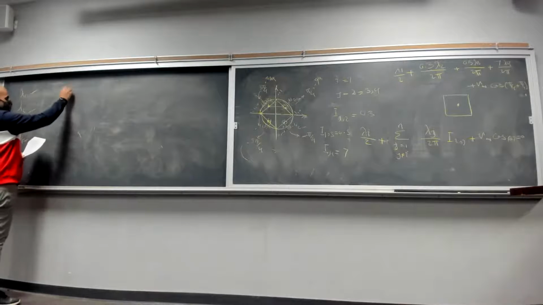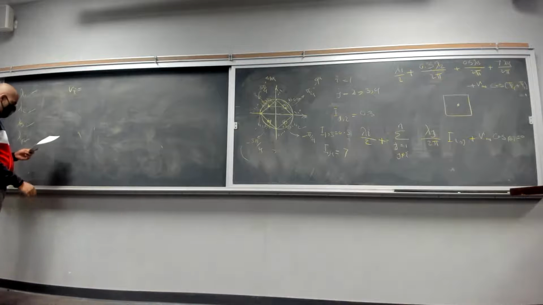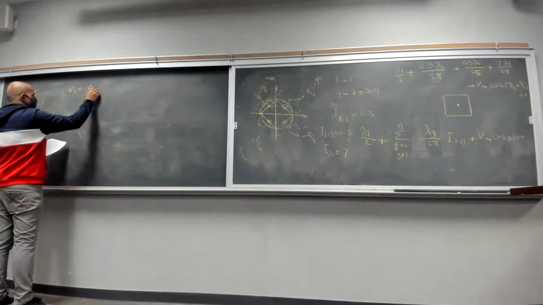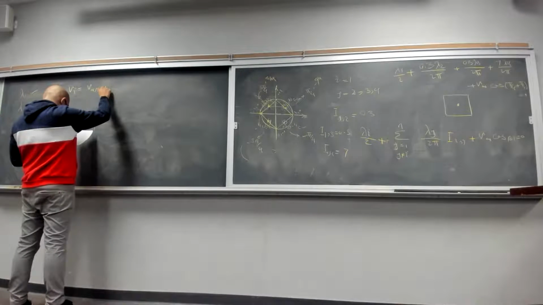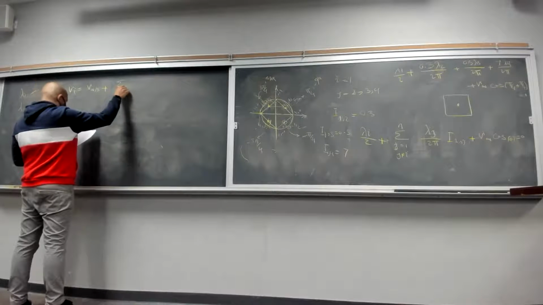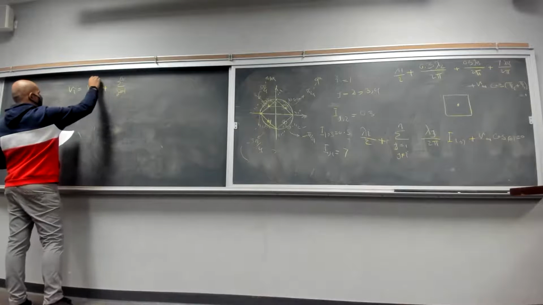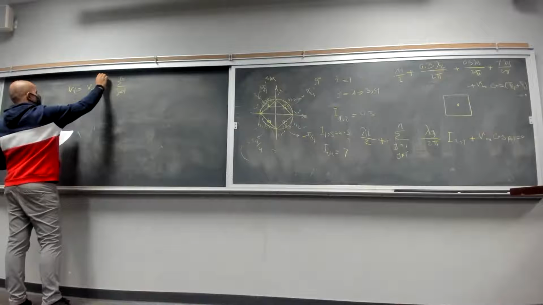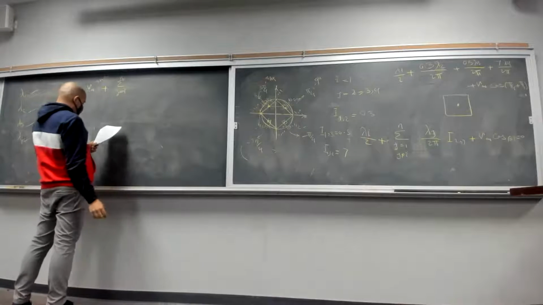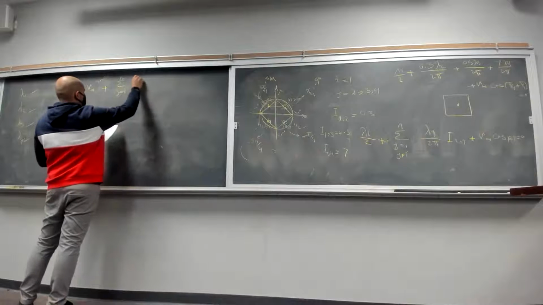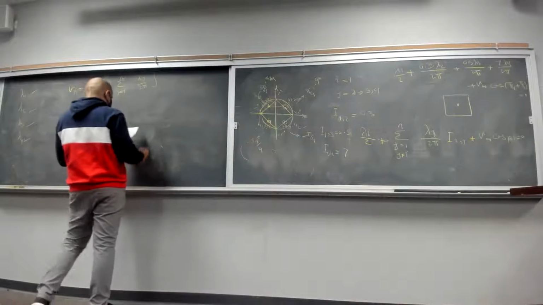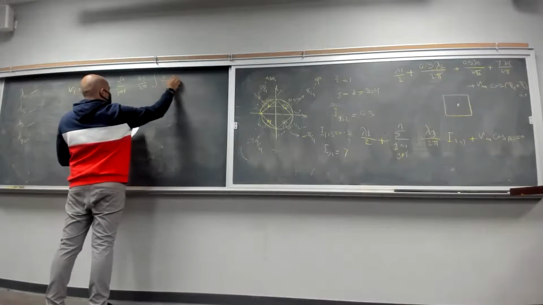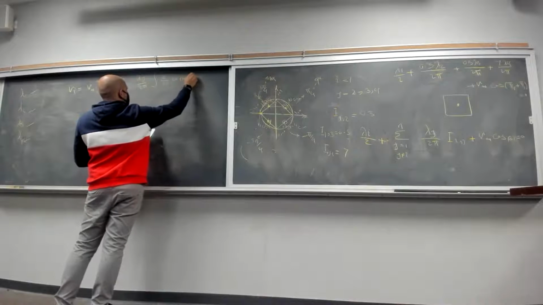Your velocity of each panel is going to be equal to V infinity sine of beta I, plus the sum over J equals 1 to N of lambda J divided by 2 pi, times the integral of partial S of natural log of Rij ds.